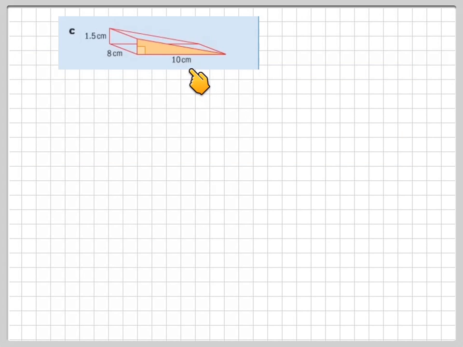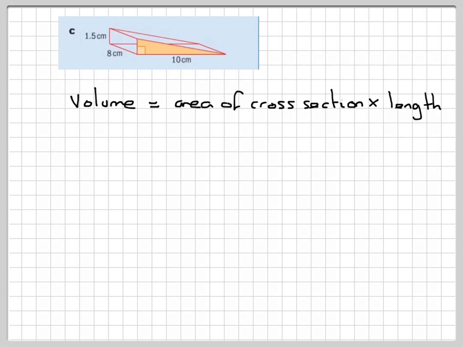we have a triangular prism where we know this length is 10, this is 8, and this is 1.5, but we know this angle here is a right angle, so the height of the triangle is 1.5. So the volume is equal to the area of the cross-section times the length, which is equal to a half times the base times the length.